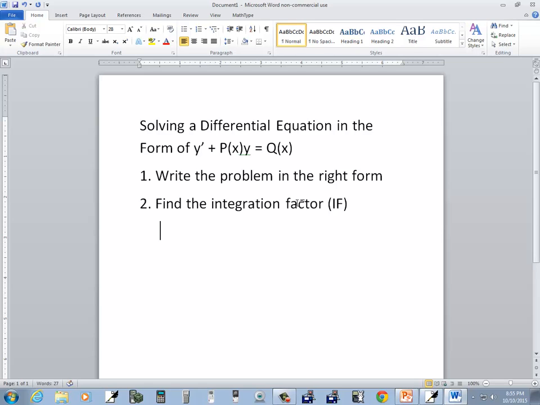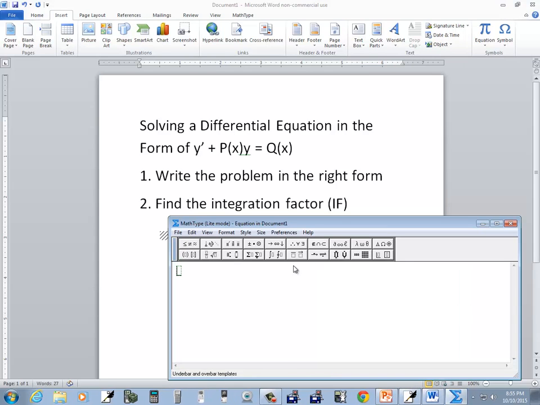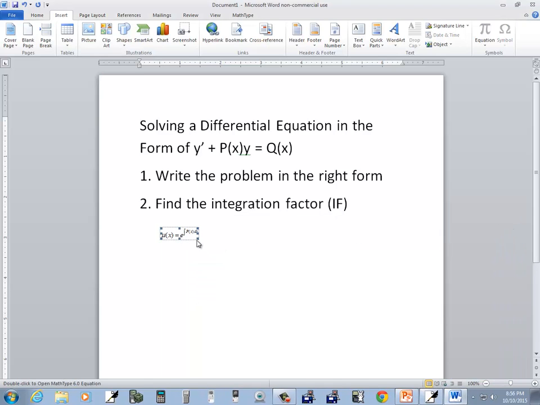And that's going to be equal to mu sub x, which is equal to e to the power of the integral of p of x dx. Okay, so we want to find that factor.